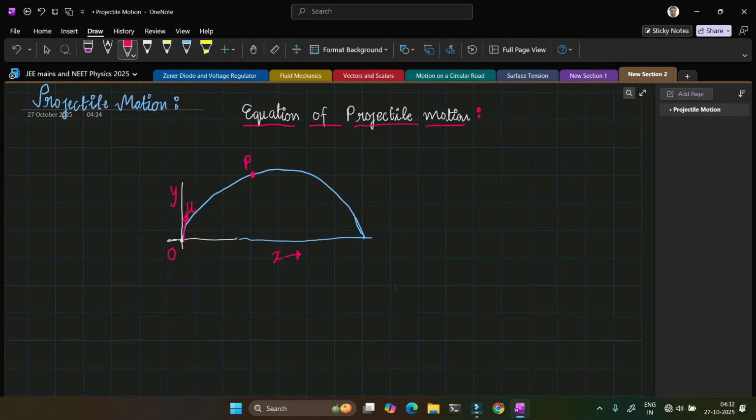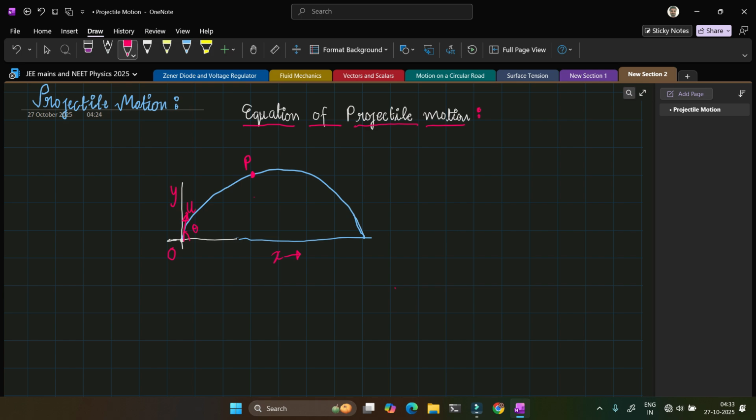So we want to calculate what is the equation of projectile motion. Let us suppose that we are throwing an object at some angle theta from the ground, and we want to calculate what will be the equation of its trajectory.